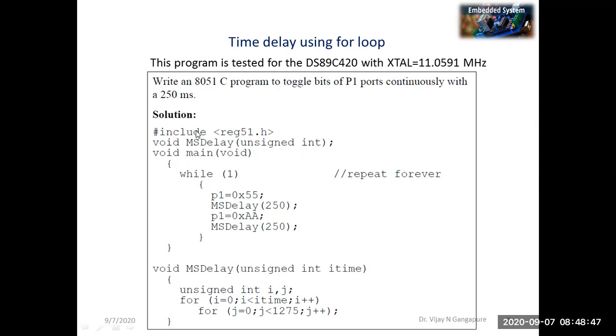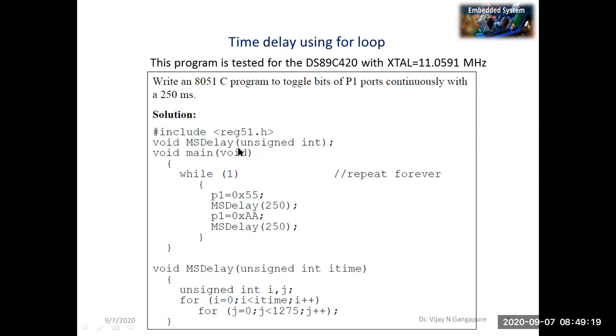See here, this program consists of two functions, one is main and the other is msdelay. I am putting the msdelay function declaration here because in the main function I am using msdelay, and the function definition is coming afterwards. The actual function program is called the function definition, and it is coming after the main function from where I am calling the msdelay function.